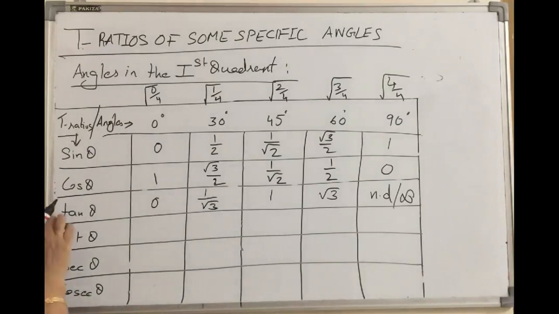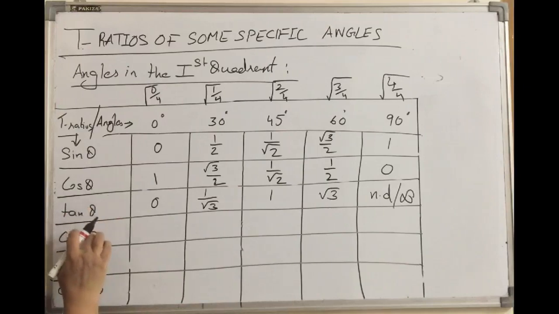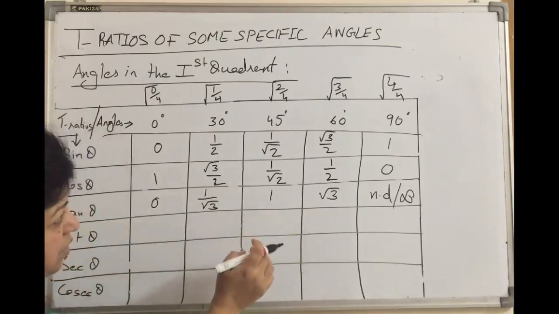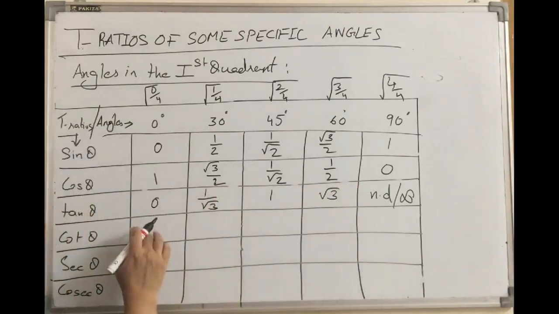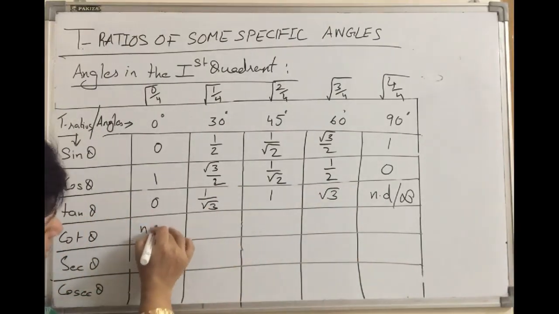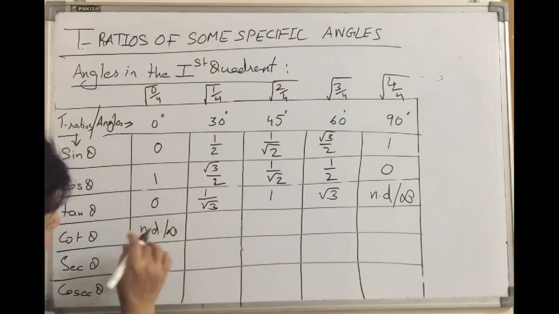We have learnt earlier that tan and cot are complements of each other. They are also reciprocal ratios of each other. So being the complement of each other, whatever values we have, we'll just reverse them. Tan 90 and cot 0 are the same, so we have not defined or infinity here.